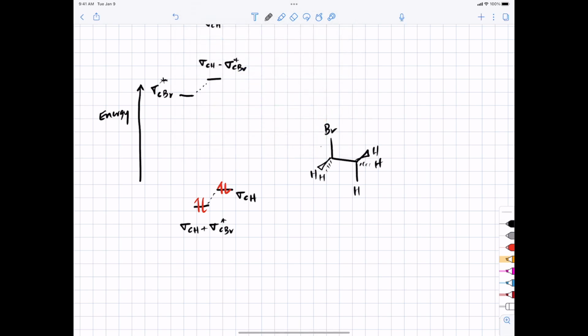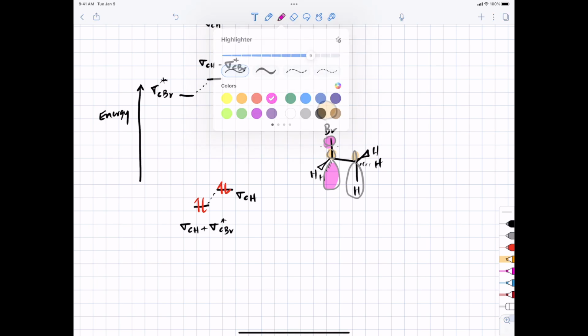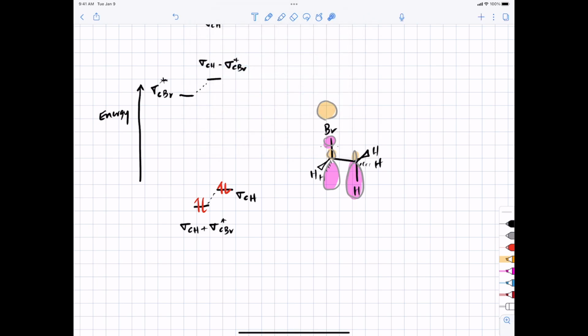All right, if we added the carbon-hydrogen sigma bonding orbital to the sigma star in phase, or rather with the same wave function sign, we would get something like this, right? And we would expect the electrons in the carbon-hydrogen bond to be spread out a little bit more in the direction of the sigma star, okay? So that's the plus combination.